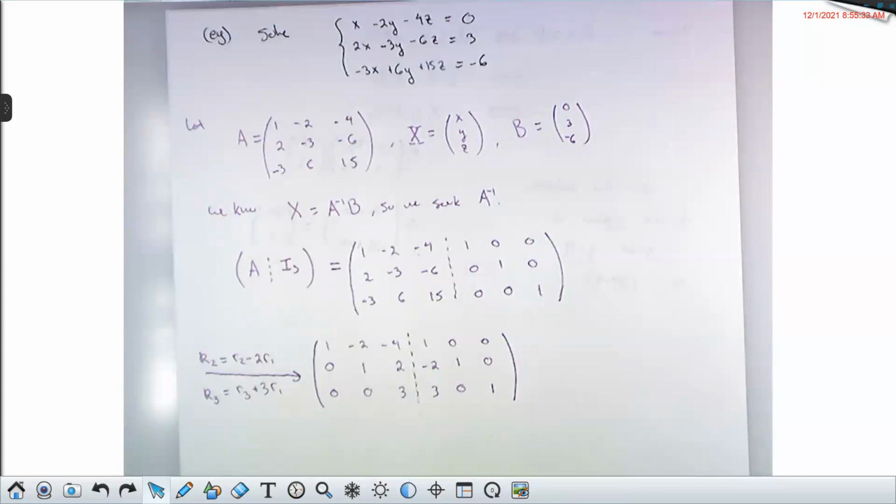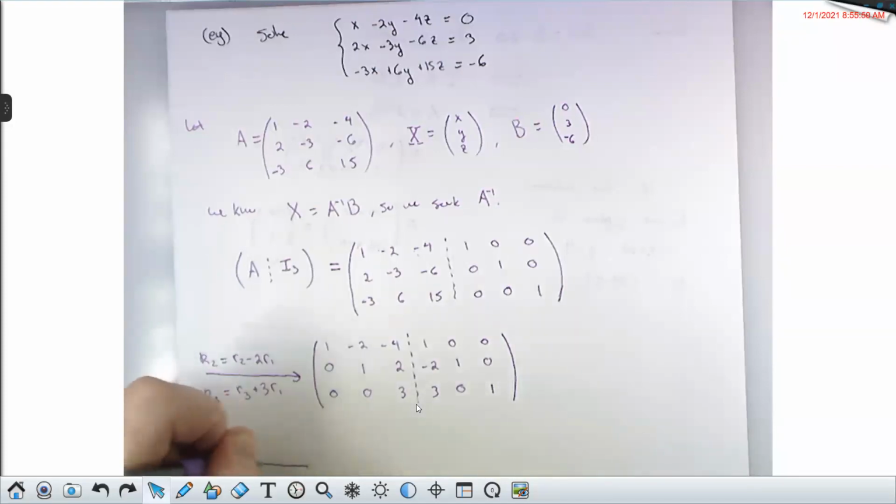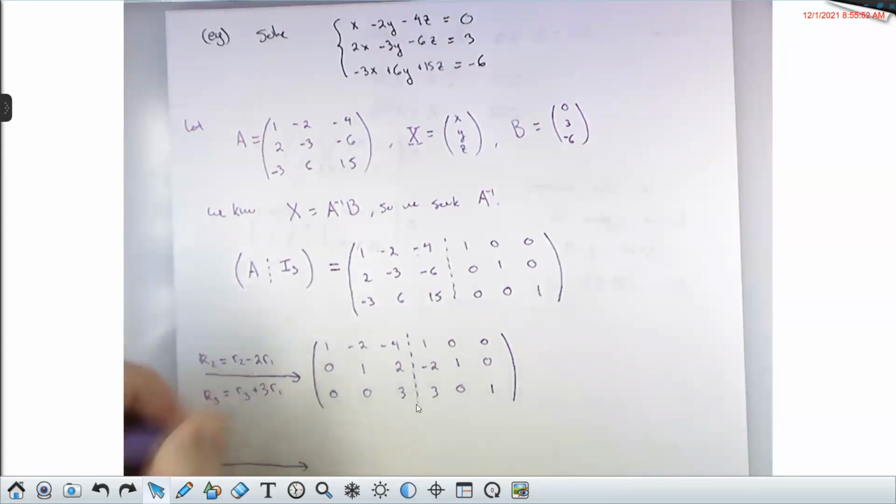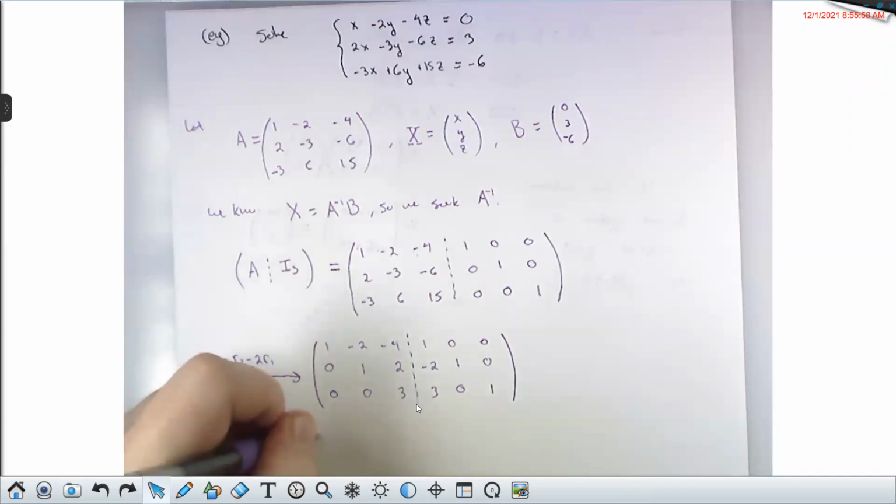All right, we got really lucky there in that when we cleared out these 2 things, we got a 0 here and a 1 here. That saves us some time. My next move would be to get a 1 here. So my new row 3 will be 1/3 my old row 3.